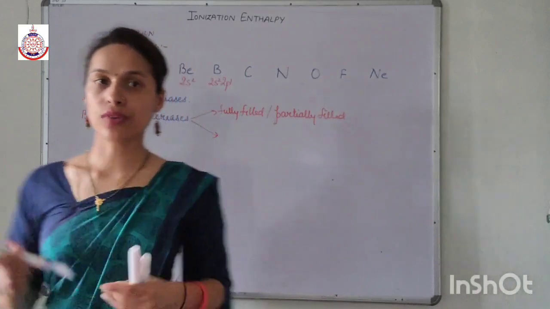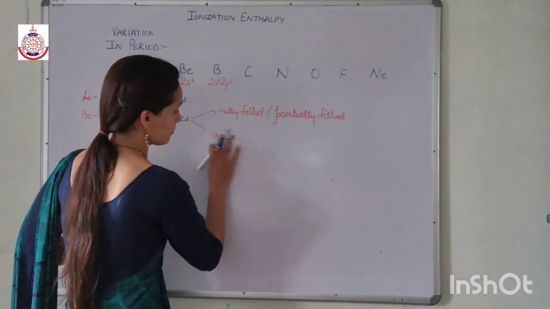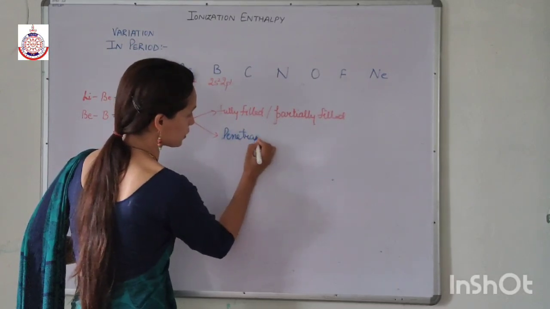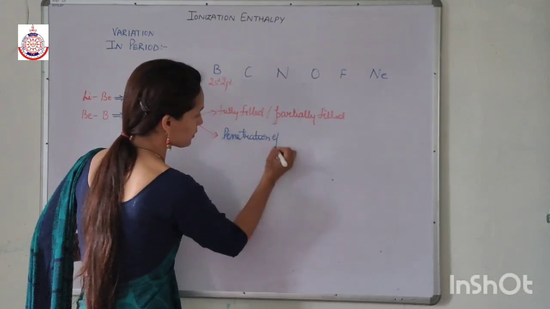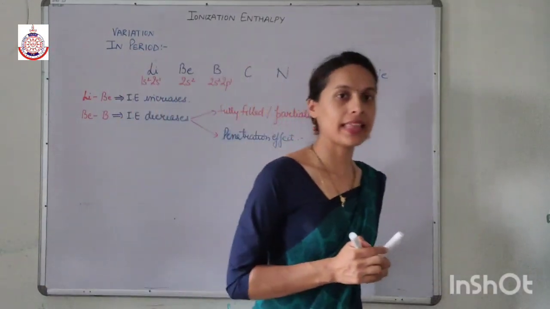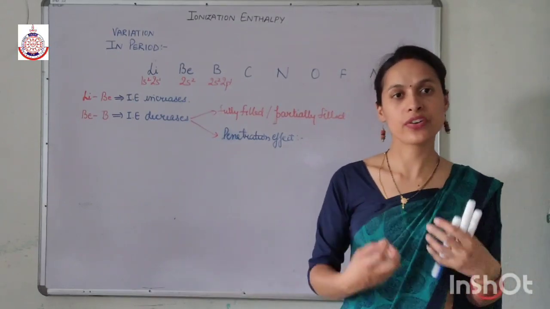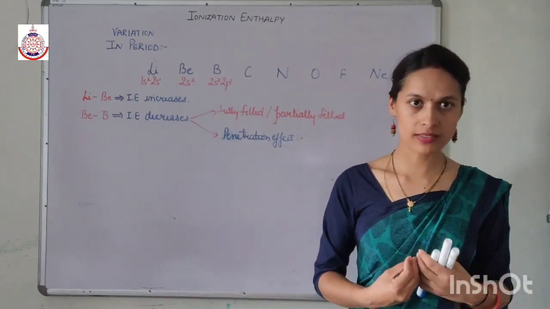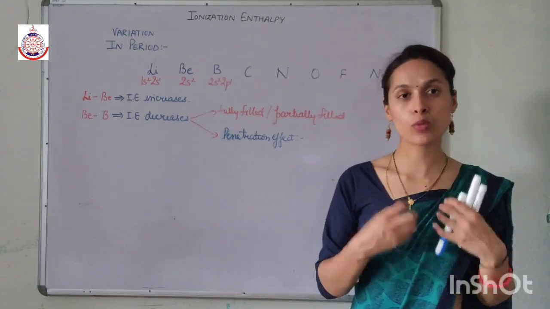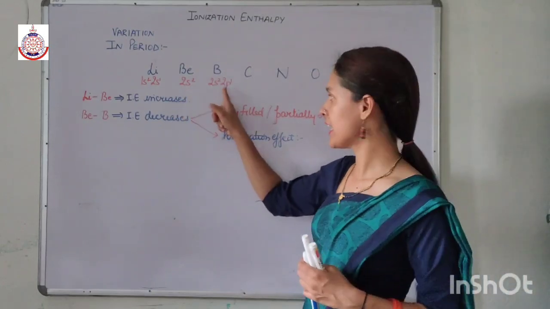The second factor which can explain this is the penetration effect. We have studied that within the same shell, different subshells experience different forces of attraction by the nucleus, and the s subshell experiences the most nuclear force of attraction. Here it is 2s and here it is 2p.